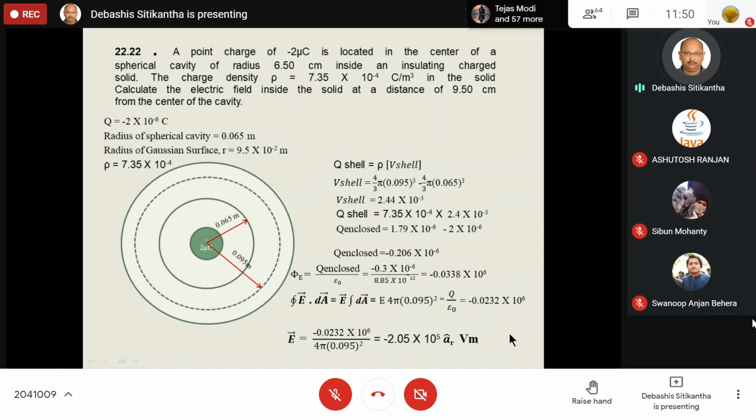Okay. So now let us move on to the next chapter, that is on electric potential, chapter number 23. Is there anyone with any sort of doubt?